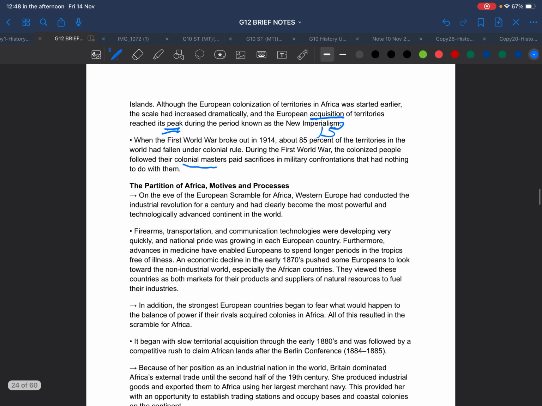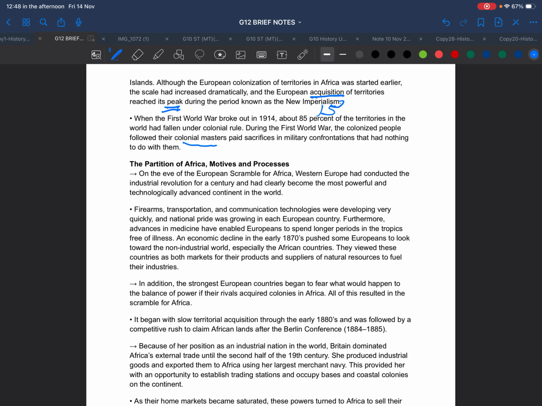this was a period following the second half of the second phase of the Industrial Revolution. The late second phase of the Industrial Revolution came up with new technologies, machines producing machines.